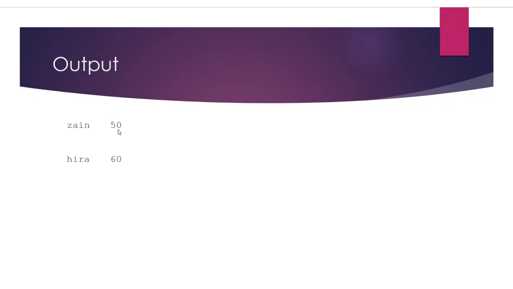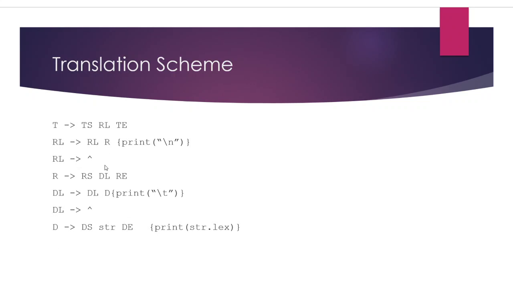If we hit the data again, we'll output the data, and if the row is completed, we'll print the next line, and then we'll do it again. That's what is written here. If the row has ended, we'll print the new line command. If the data is entered, we'll print four spaces, which is a tab. And if we hit the data, we'll just print the data.